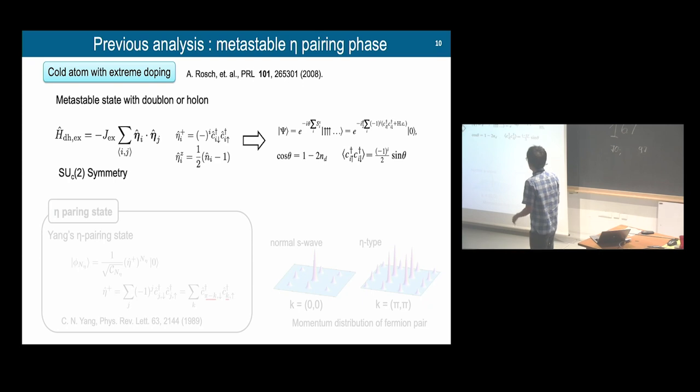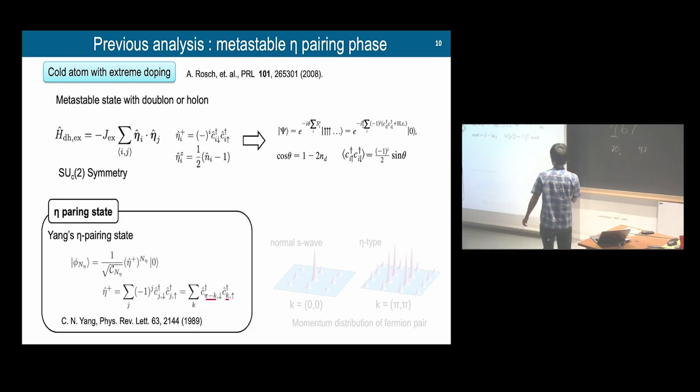Okay. Previously, in this seminal work, they studied this model in the context of the quasi-steady state, quasi-equilibrium idea. And they focused on the extreme doping case where the system only hosts doublons or holons in the context of a cold atom system. Now the effective Hamiltonian is just like this ferromagnetic Heisenberg model, and they solved this system, and found that the state looks like this, and it is characterized by staggered superconducting order.